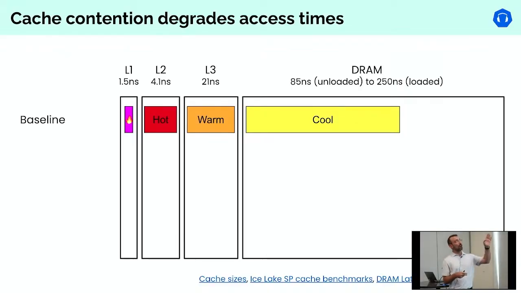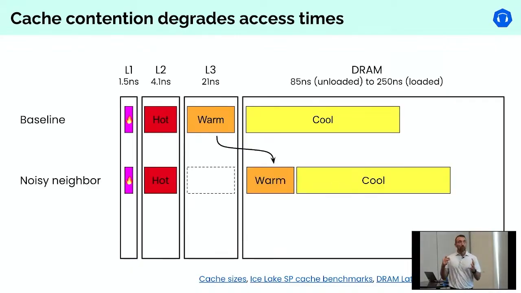And then you have the hot, warm, and cool working sets that fit into L2, L3, and DRAM. When you have a noisy neighbor running next to your application, the noisy neighbor reads memory very aggressively, so it evicts your application out of the shared caches, the L3 caches, and now your application has to access DRAM for its warm working set, which is slower.